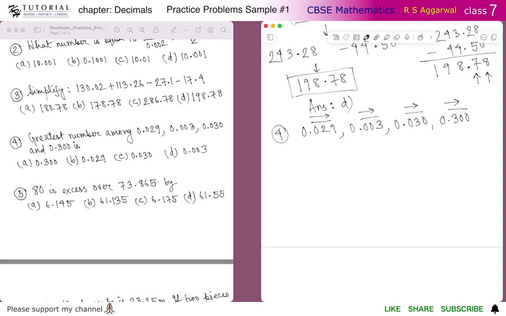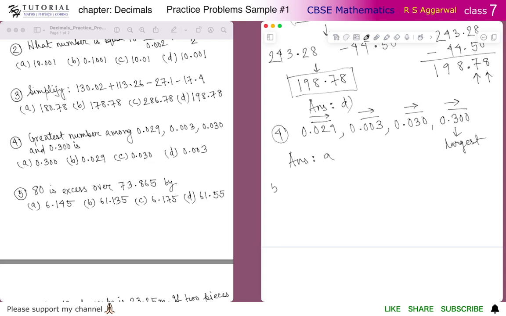So definitely this is the largest decimal. So the answer will be choice A.